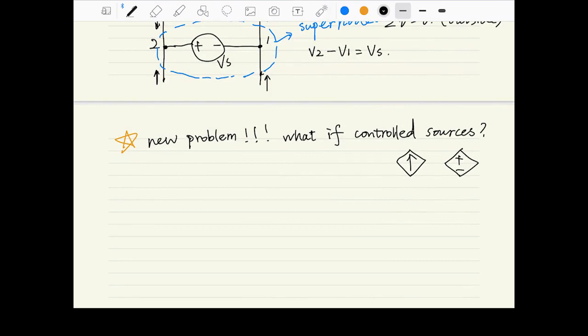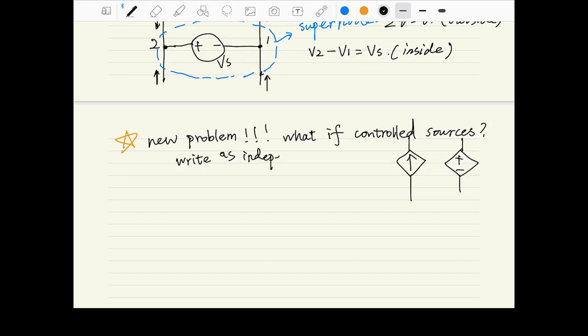And then let's track all the current flowing in or out and apply KCL at this supernode. And inside the supernode, we apply KVL like this. So we have the same number of equations as the number of unknown variables so that we can solve it.